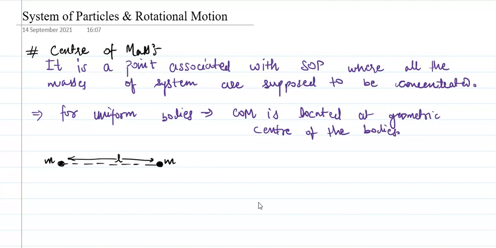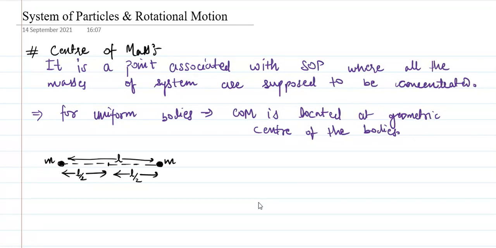It will be at the geometric center of both the bodies, because they are uniform bodies, both having the same mass. So center of mass will be situated somewhere in the middle of the two bodies, at a distance L by 2 from one body. Okay, L by 2 from here and L by 2 from here.